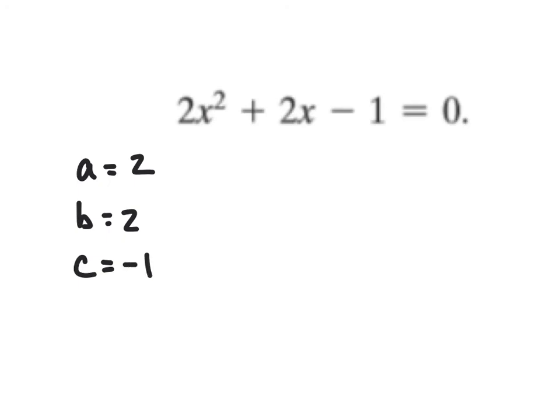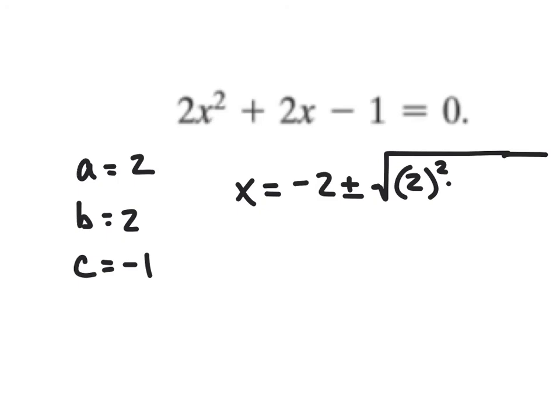And all I'm going to do is plug this into the quadratic formula. So x is equal to opposite b, which is 2, so negative 2, plus or minus the square root of b squared, which is 2 squared, minus 4 times a, which is 2, times c, which is negative 1, all over 2a, so 2 times 2.